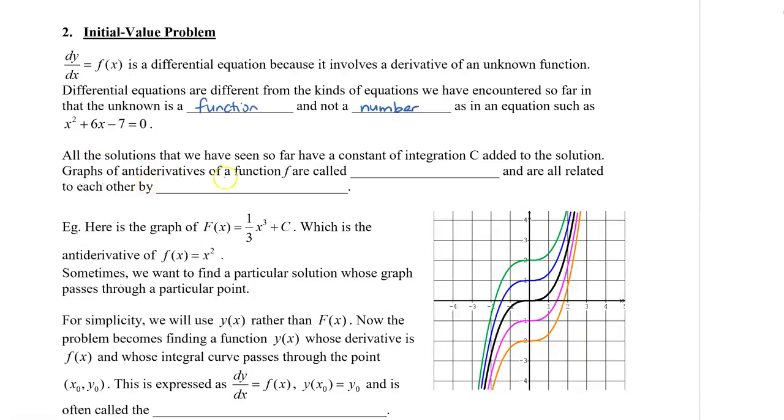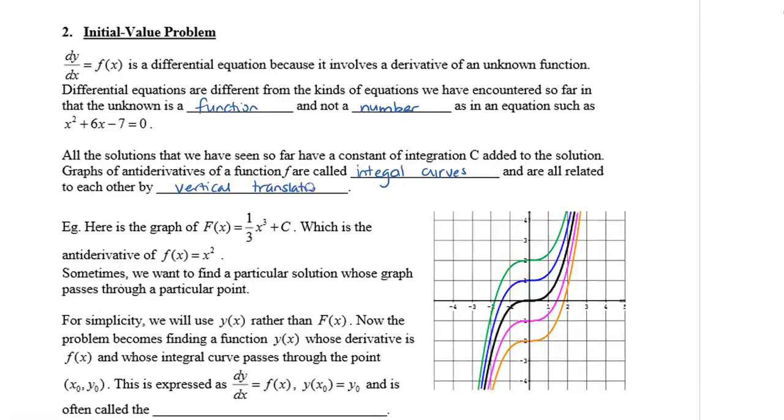Now, all the solutions that we have seen so far have a constant of integration c added to the solution. Graphs of these antiderivatives of the function f are called integral curves, and they're all related to each other by vertical translation.